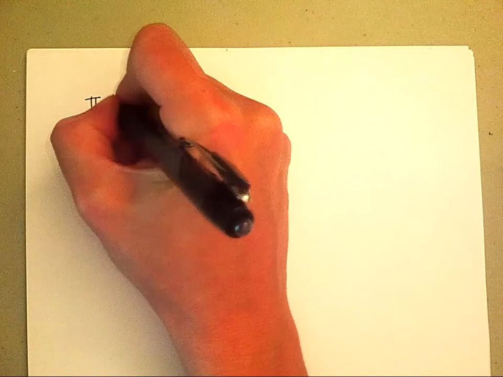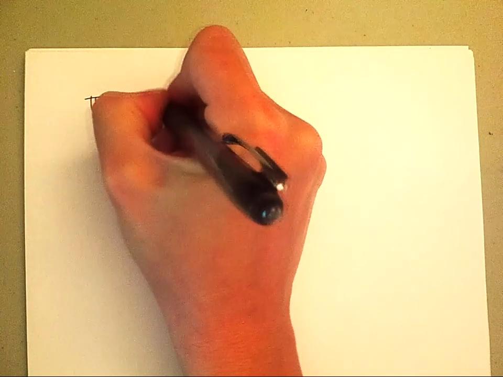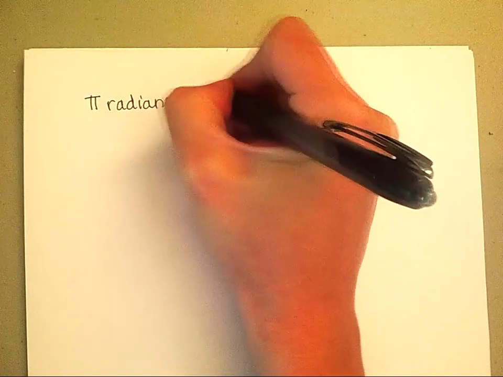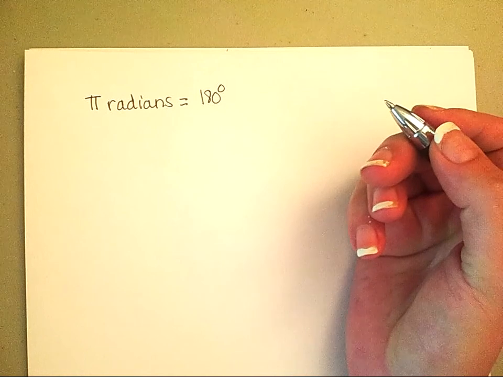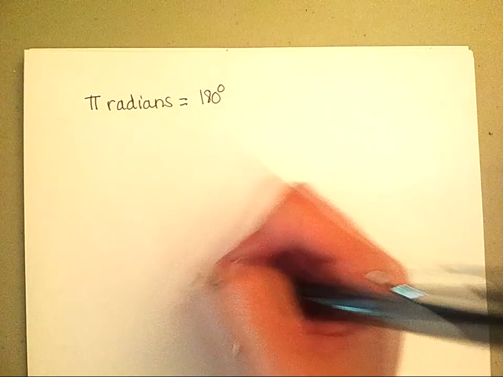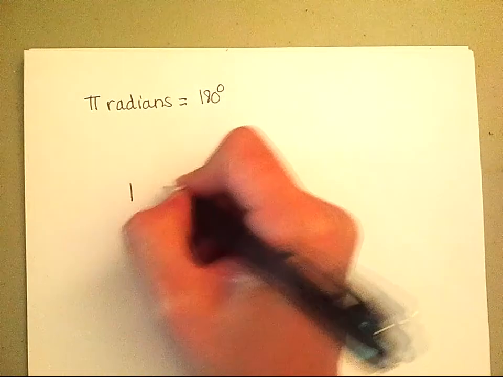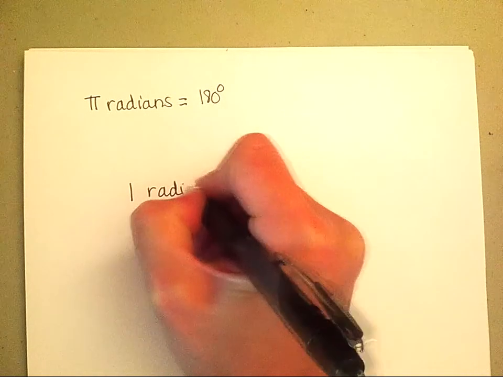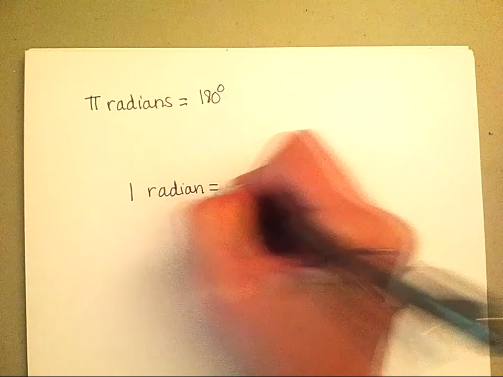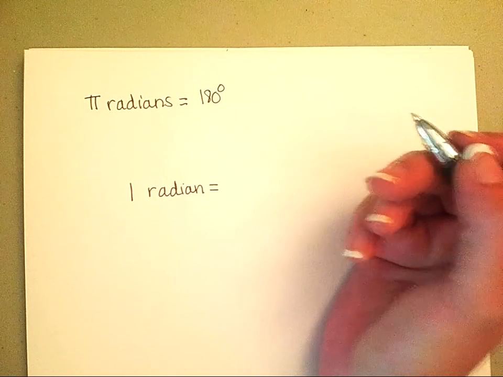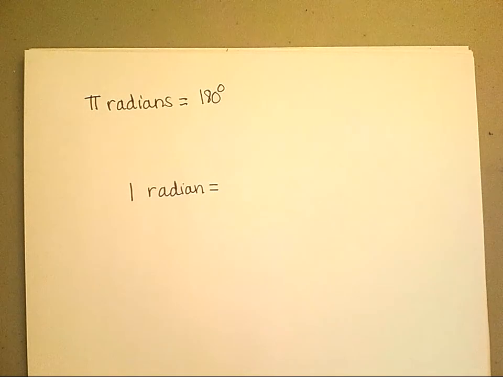So if we have that pi radians is equal to 180 degrees, well, what is 1 radian? Well, how would I get that?